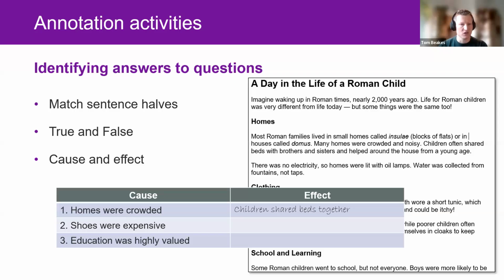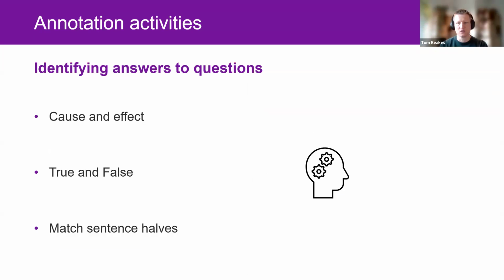You might give a list of causes, such as homes were crowded, and then the learner looks at the text and fills in what the effect of that might be, and then identifies where they find that information. Again, a simplistic example, but it's potentially a very cognitively demanding task.